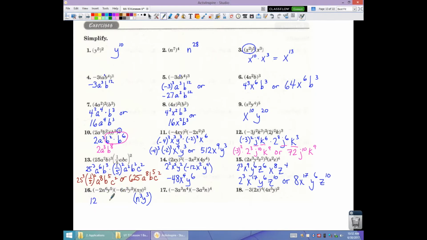N to the 6th times n to the 3rd, adding the exponents, is n to the 9th. Y to the 5th times y squared is y to the 7th. To multiply these two partial answers, 12 has no coefficient to multiply with out here, so it remains 12. N to the 9th times n to the 3rd is n to the 12th. Y to the 7th times y to the 3rd is y to the 10th.